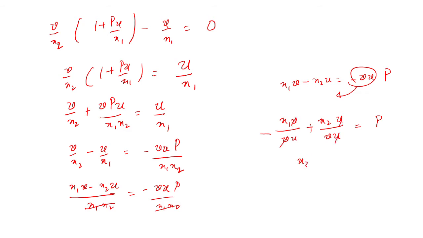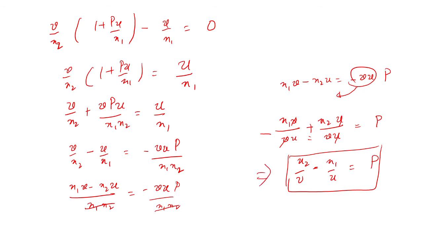So I would have n2 by v positive minus n1 by u negative is equal to p, which is the same as the thin lens equation, if you recall, that we derived doing it with the rays. So now we have derived this successfully just using the matrix method.